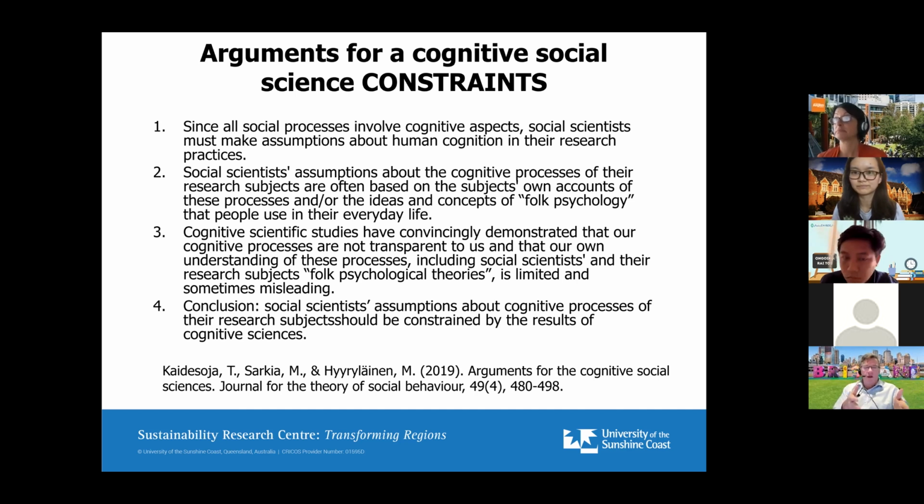Therefore, any social scientist who is trying to explain how our brain works needs to understand how the cognitive sciences work.